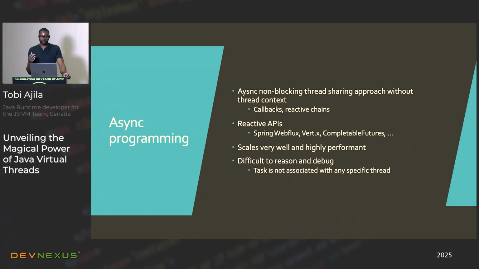So if you're using this approach, you have to combine it with a mechanism that scales when you're blocking. So these are some of the workarounds that have been developed in the industry. Some of these APIs like Spring WebFlux and Vert.x are quite popular and used extensively.